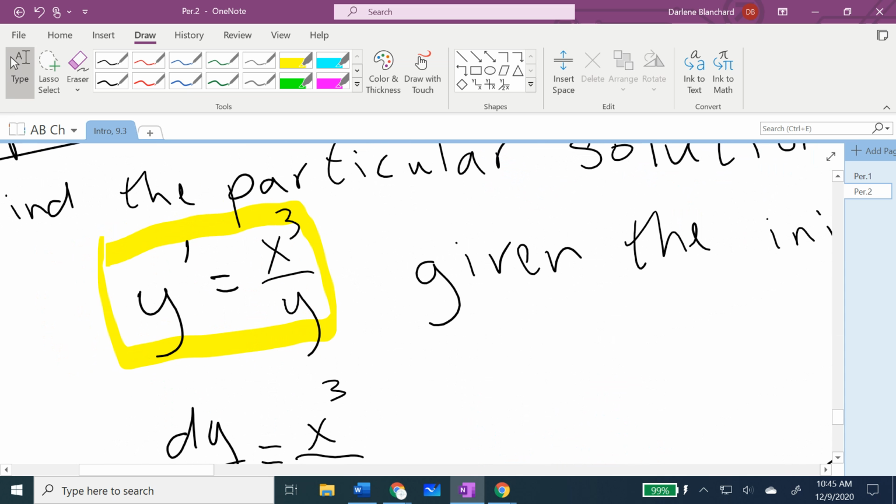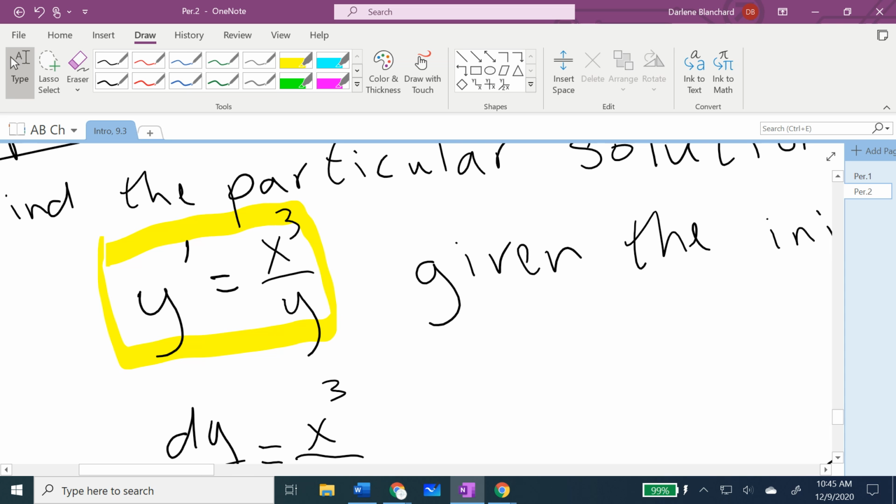Do you see that when y is 0, there's an issue? You've got a divide by 0 situation. The actual solution to this differential equation creates 2 different possibilities.